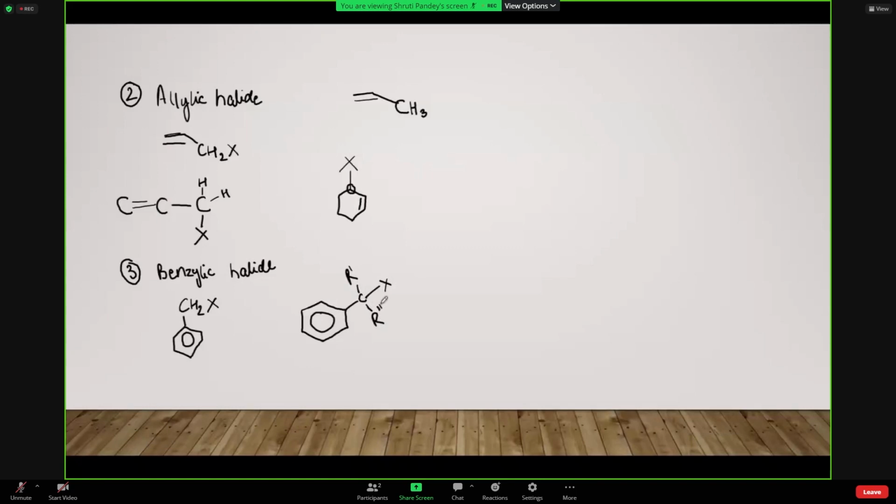So this is a little complex structure, लेकिन बात वही है कि जो halogen है that is attached to a carbon and that carbon is attached to a whole benzyl ring.